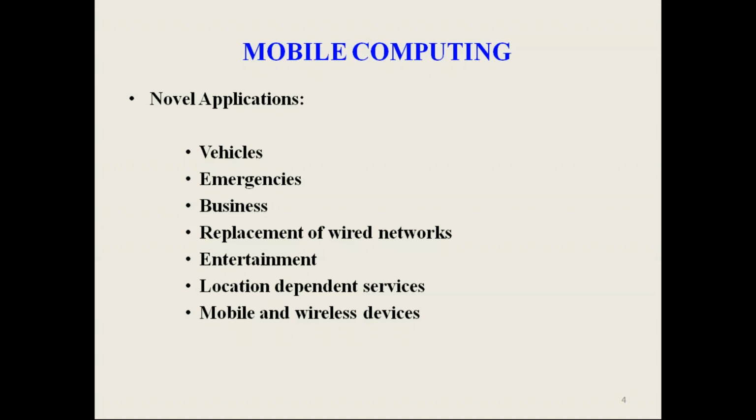Due to economic reasons, it is impossible to wire remote sensors in cases such as weather forecasting, earthquake detection, or environmental information. These are all replacements of wired networks.